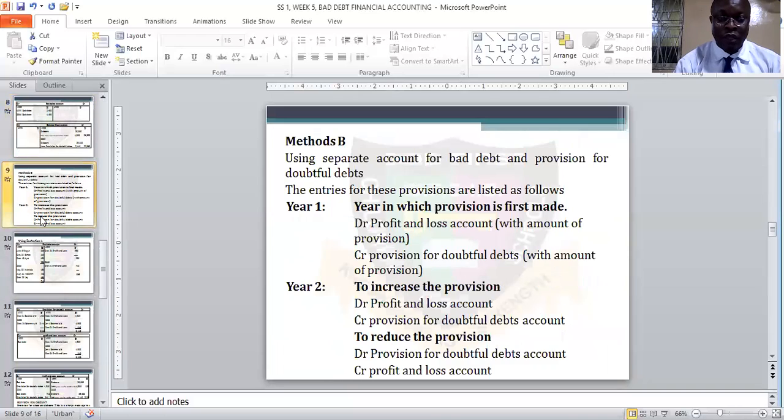Method B, using a separate account for bad debt. Yes, we are going to separate the bad debt account from the provision for bad debt account, and the entries will appear like this.